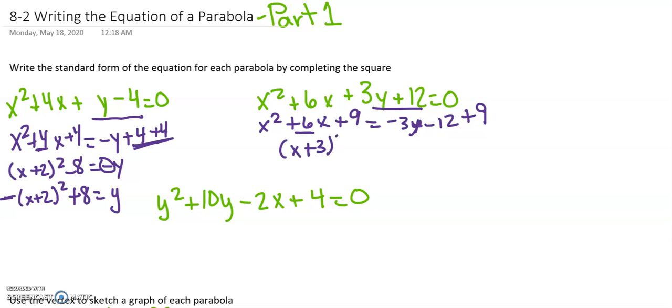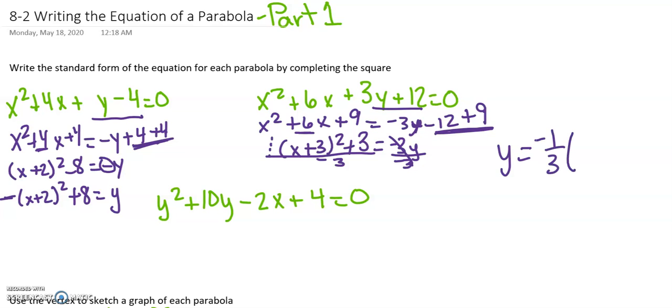So our half of b was 3. And we're going to simplify -12 plus 9, which is -3. So when we move it, it's a +3. So we end up with this. So that means we have to divide this whole side by a -3 so we can write the equation as a y equals. So in front of the parentheses, we notice we have an understood 1, right?